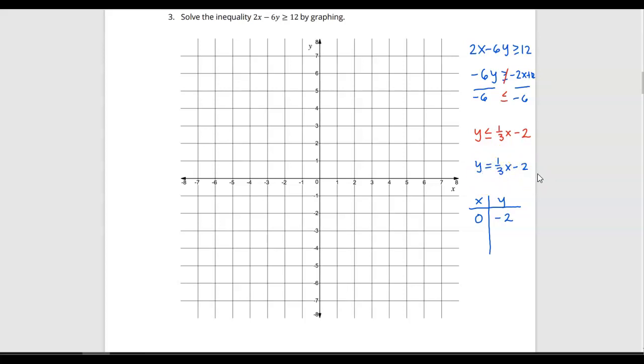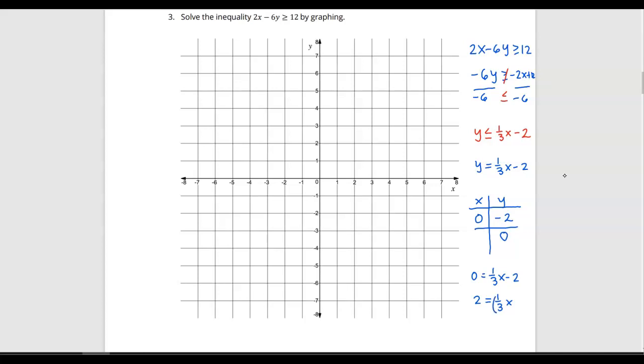Then next you can also make y equal to 0. So if y is 0, let's solve the equation here. We have 1/3 x minus 2. You solve for x, transpose 2 to the other side. So 2 is equal to 1/3 x. Then you multiply both sides by 3 to cancel 1/3.